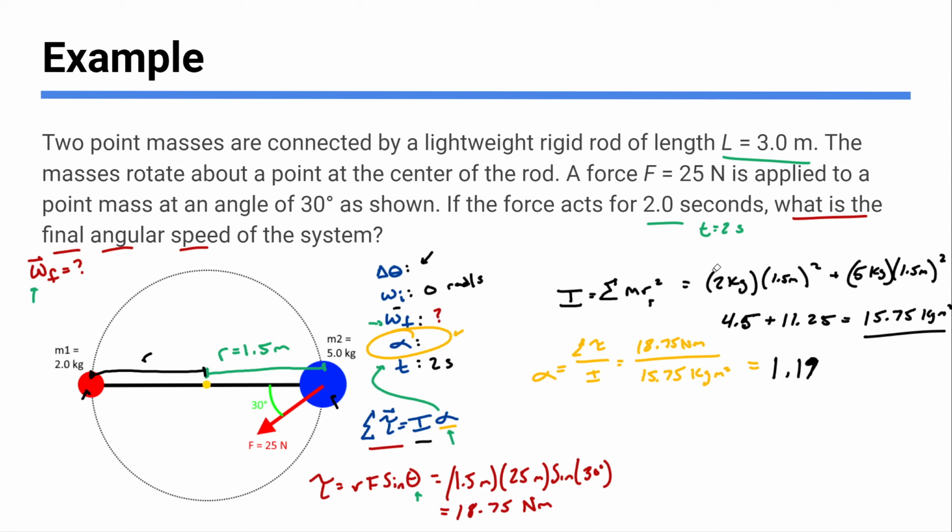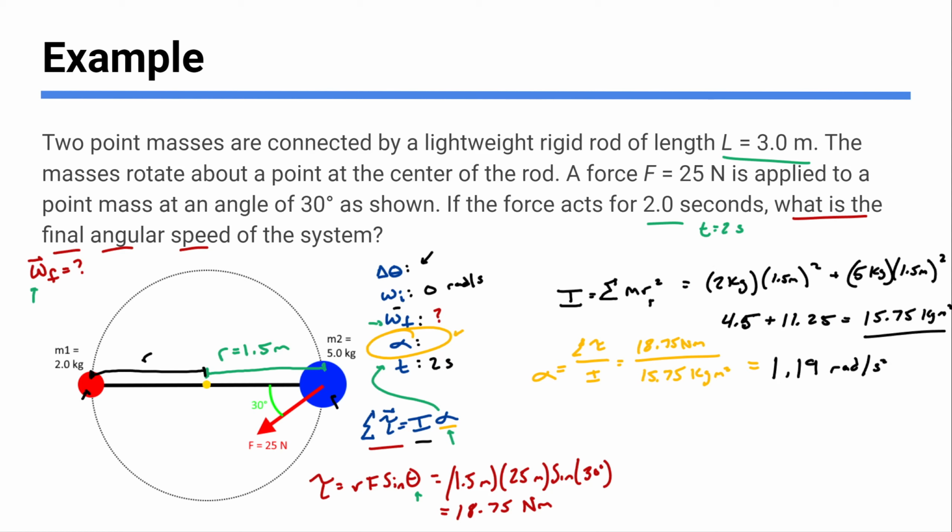I'll do 1.19. The units are going to seem a little weird because a radian is a weird kind of cheater unit. But I'm going to get radians per second squared here because I know I'm finding angular acceleration. So that's what I'm going to put in for alpha for 1.19.